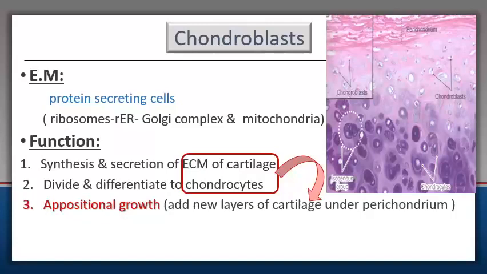Appositional growth of cartilage means addition of new layers of cartilage under the perichondrium. So appositional growth occurs by the chondroblast, through formation of cartilage extracellular matrix and differentiation to chondrocytes. These two criteria also make chondroblasts important for repair and healing of cartilage when injured.